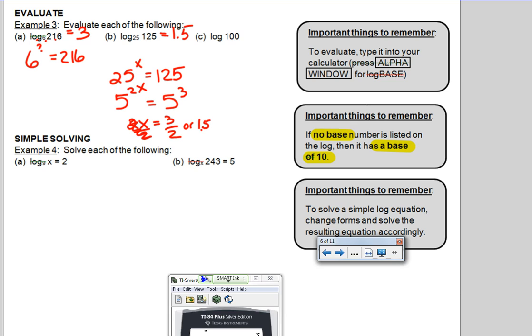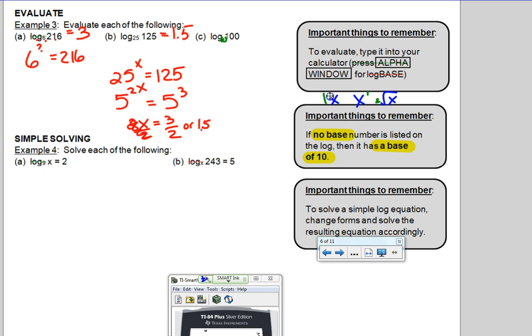For instance, when you have an X, it means that there is a 1 in front of it, right? We know that that's a default. When we have an X, we also know that we have a 1 power. That's a default. When you have a square root of X, we know that there's a number here default too. So there's always a default. So when there's no base number, it really is a base number 10.